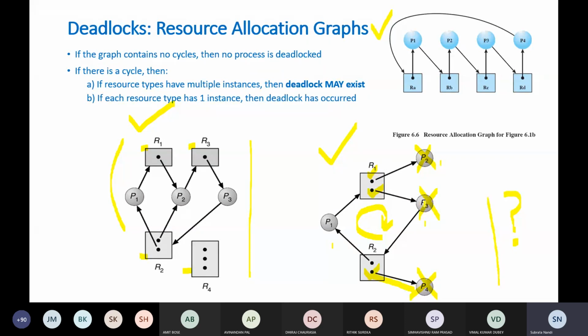It will definitely get it either after P2 completes or P3 completes. So eventually the sequence of completion will be P4, then P3 maybe, then maybe P1 or maybe P2, then P1.